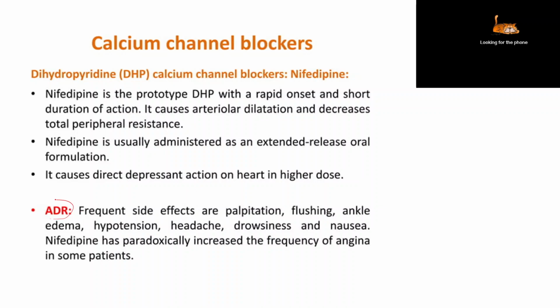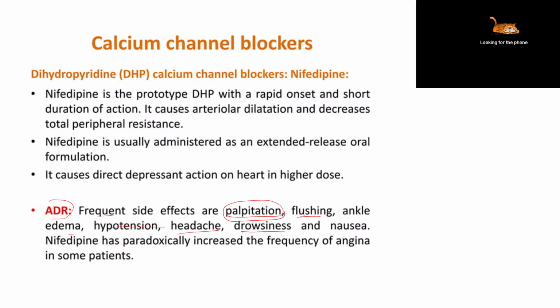Adverse effects of calcium channel blockers: mainly palpitation, where patients suffer from a very sudden increase in heartbeat, with a very forceful or louder sound. Flushing means redness of the face. Ankle edema, swelling in the leg; hypotension; headache; drowsiness; nausea.